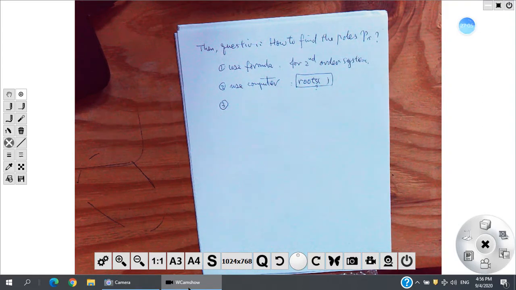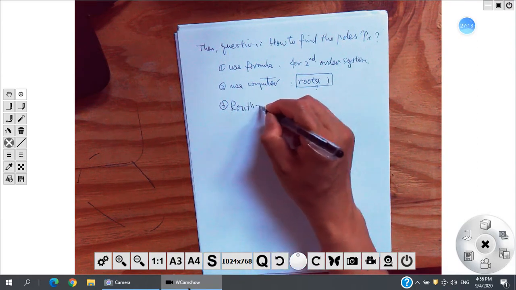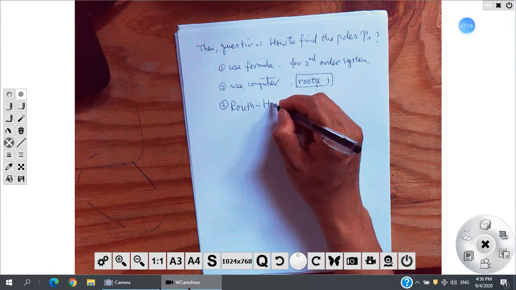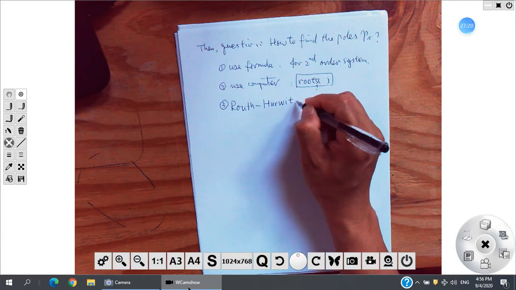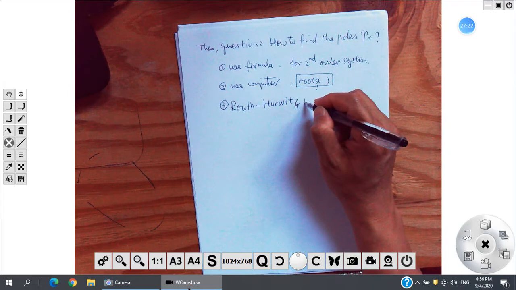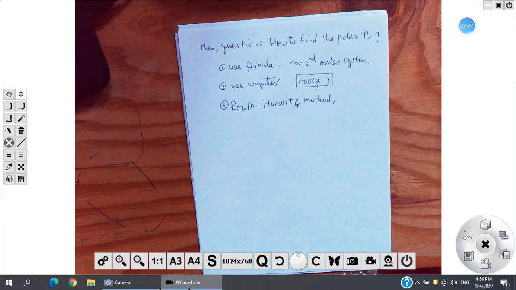This method is called the Routh-Hurwitz method, or Hurwitz method. You can check the textbook for detail, and here I use an example to explain it.